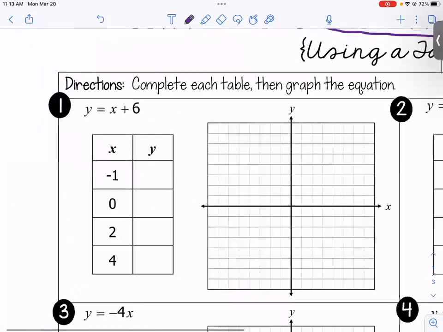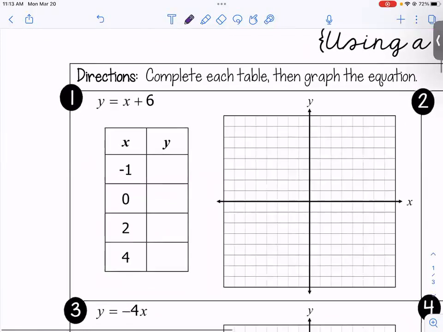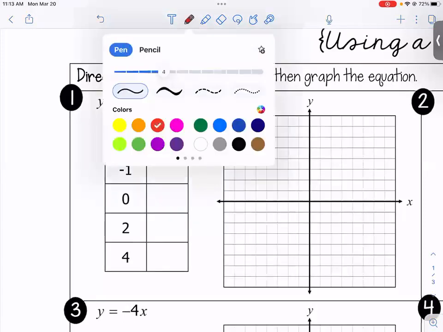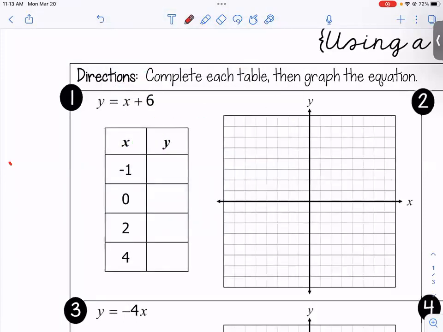So what I need you to do is fill in the table and then plot those points. So I am going to write y equals x plus 6, but I am erasing x and replacing it with negative 1. Well, what's negative 1 plus 6?